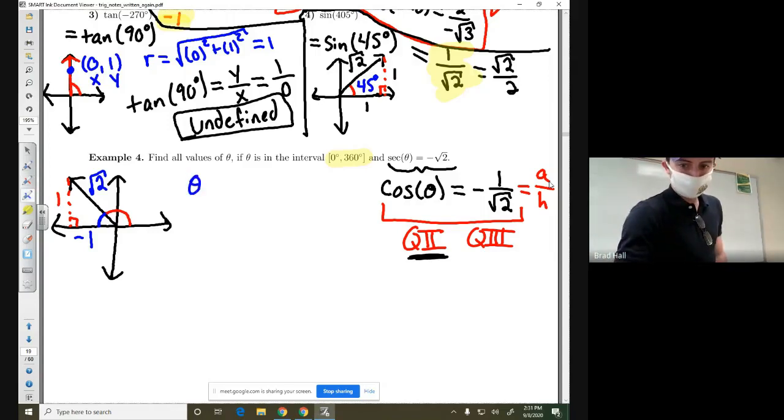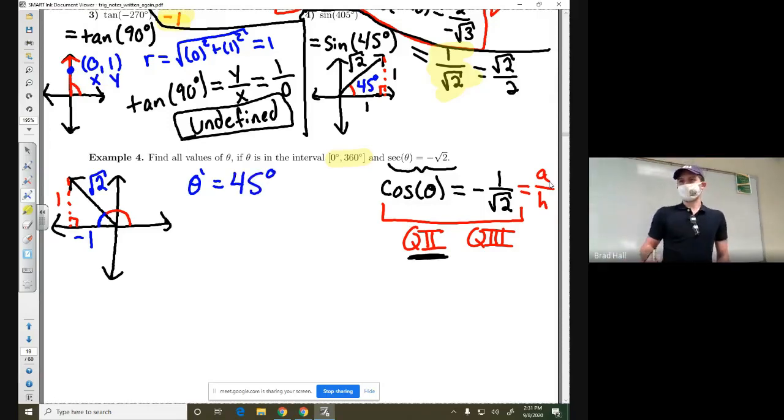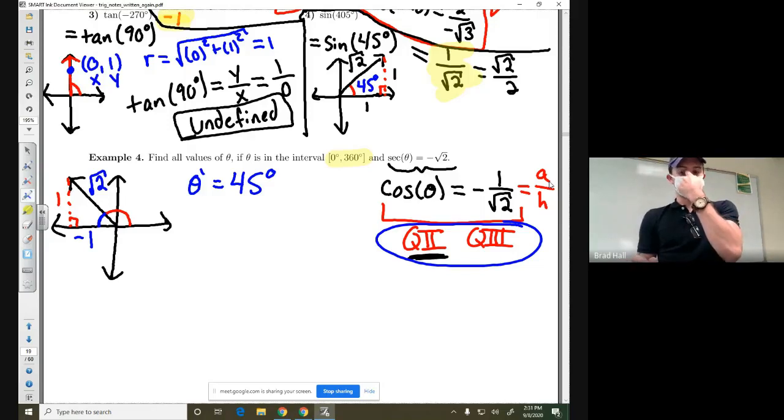So the reference angle is equal to 45 degrees because the segments correlate with a 45-45 triangle. Now that we know the reference angle, and we know that we're going to have two answers, one in quadrant 2 and one in quadrant 3, all we have to do is figure out how to apply the reference angle to get a final angle in quadrants 2 and 3.